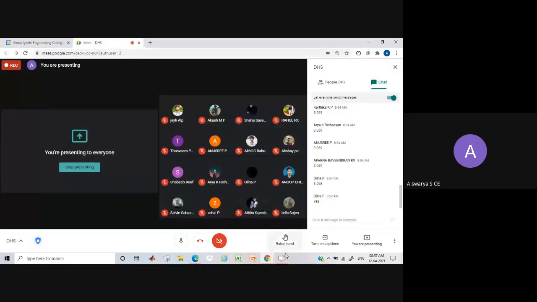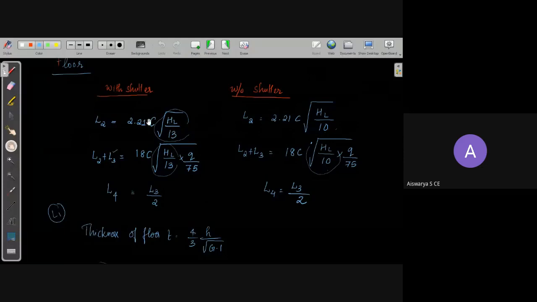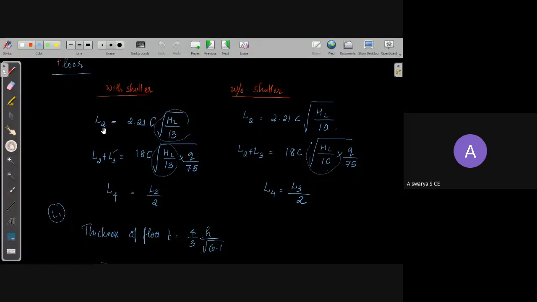There is a shutter. So we need to take this set of equations to find out L2, L3 and L4. L1 is not given, the equation for L1 is not given, but we need to determine that; I'll show you later.